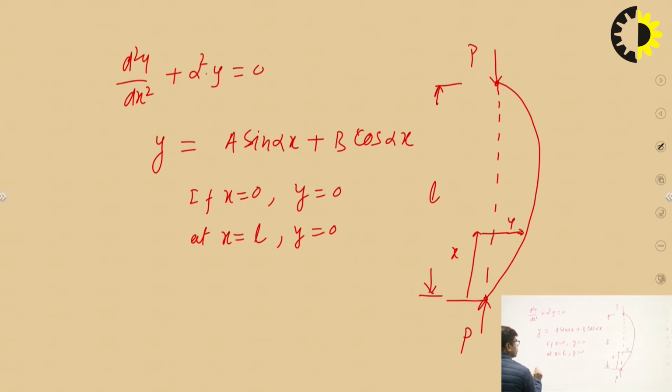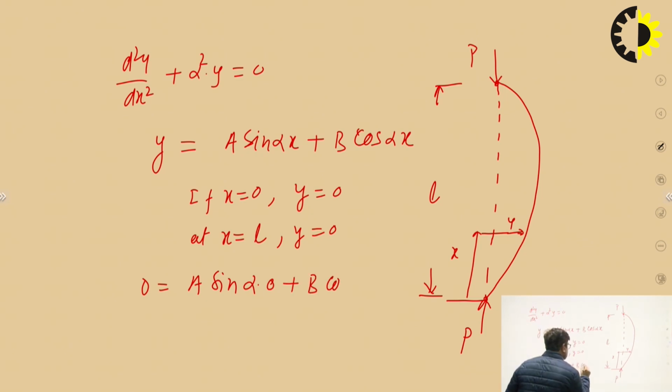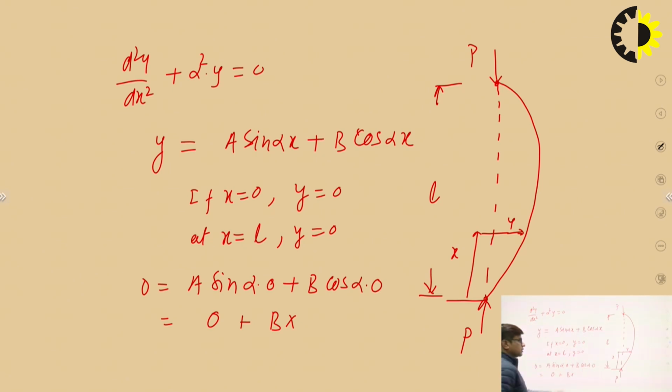Putting the first boundary condition, 0 equal to A sine alpha into 0 plus B cos alpha into 0. So this becomes 0 plus B into cos 0, which is 1. So this shows B equal to 0.